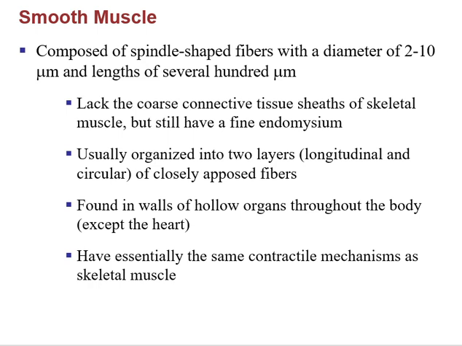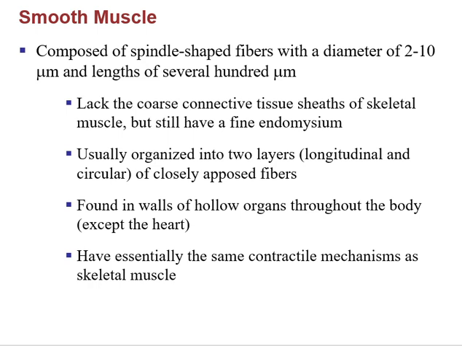And before we leave muscle, as far as Chapter 9 is concerned, we're going to look at smooth muscle to compare it to skeletal muscle. Smooth muscle is composed of spindle-shaped cells that are thicker in the middle and thinner on the sides, and they truly do look like fibers. They have a diameter of 2 to 10 micrometers and a length of several hundred micrometers in an organ.